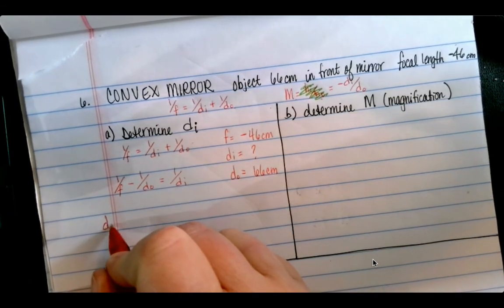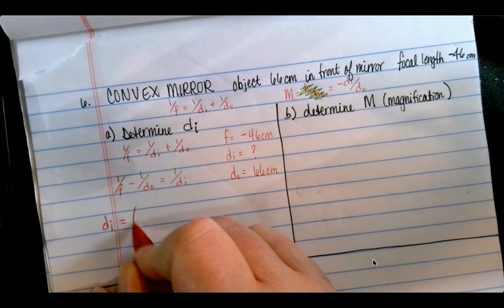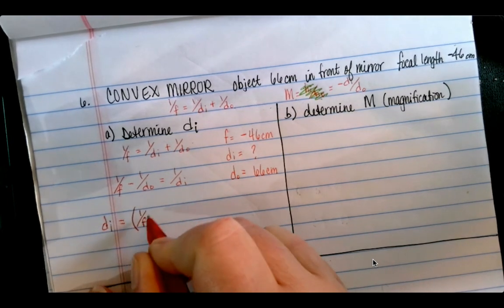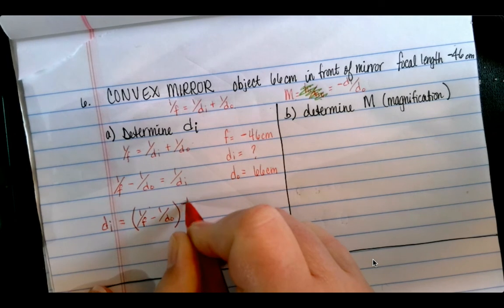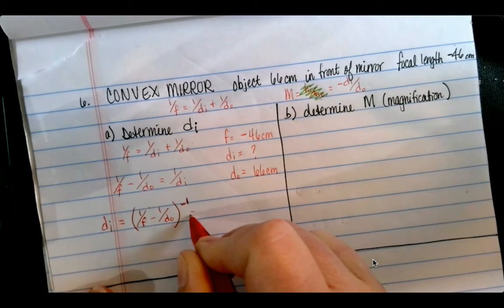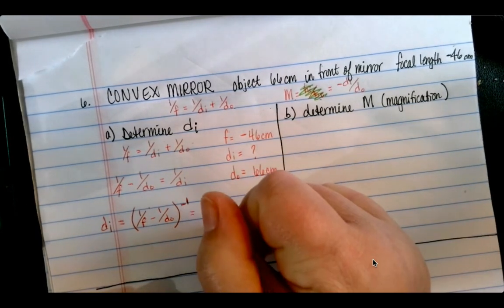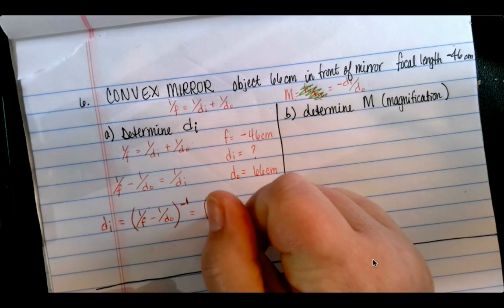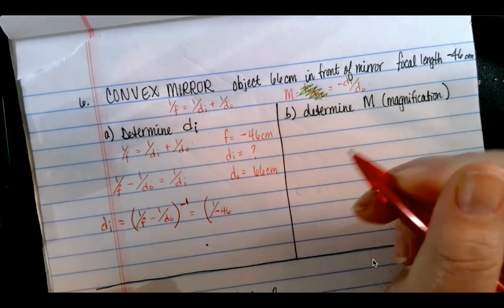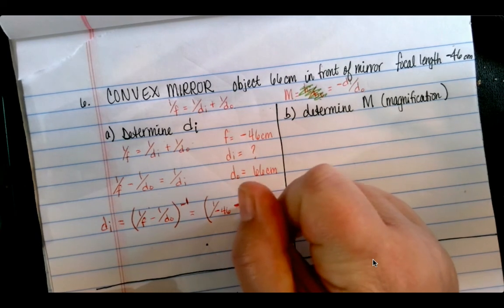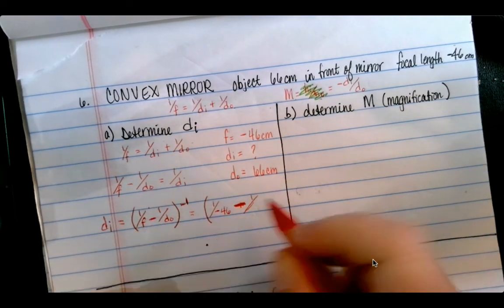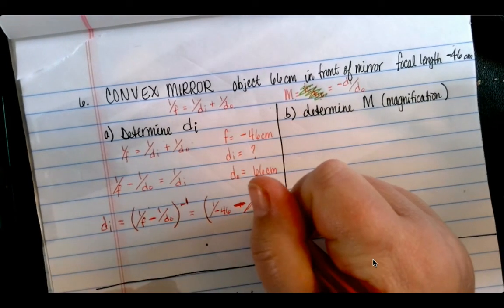So di would equal 1 over the focal length minus 1 over do, that raised to the negative 1 power, which would be 1 over negative 46 centimeters, minus, this is a minus sign, so minus 1 over 66 centimeters, raise that to the negative 1.